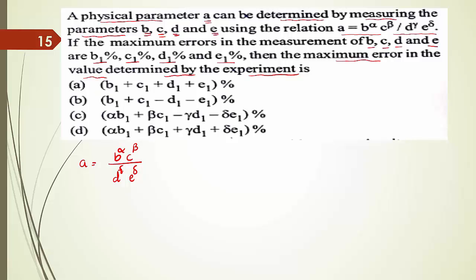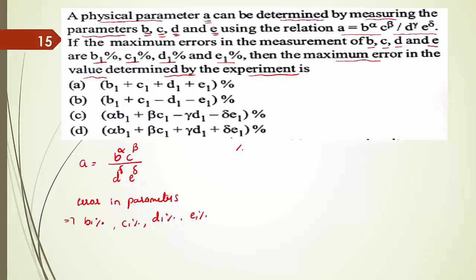Errors in parameters is already given. We can write that error in parameters, that is B 1%, C 1%, D 1% and E 1%. These are the errors in parameters. So now we can use the equation.